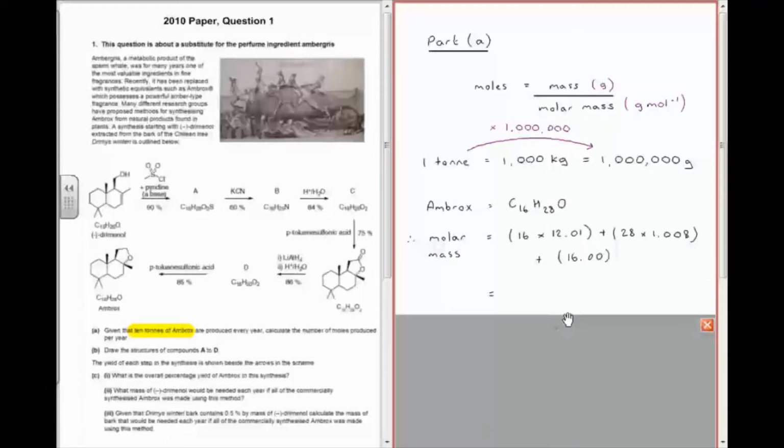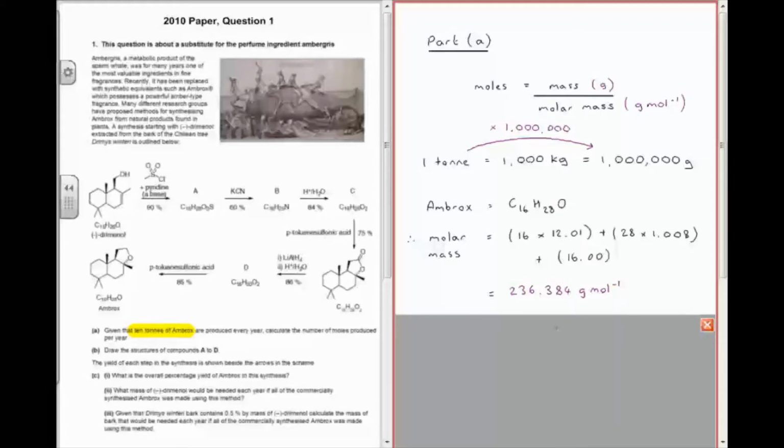Taking the relative atomic masses of the atoms carbon, hydrogen and oxygen from the periodic table at the start of the question, we can calculate the molar mass of ambrox to be 236.384 grams per mole.